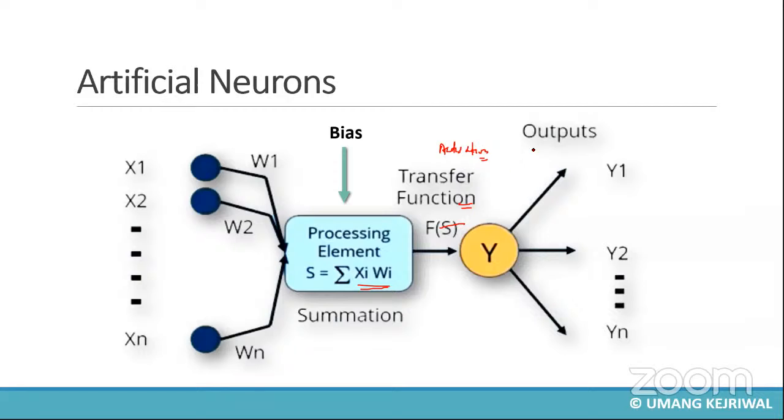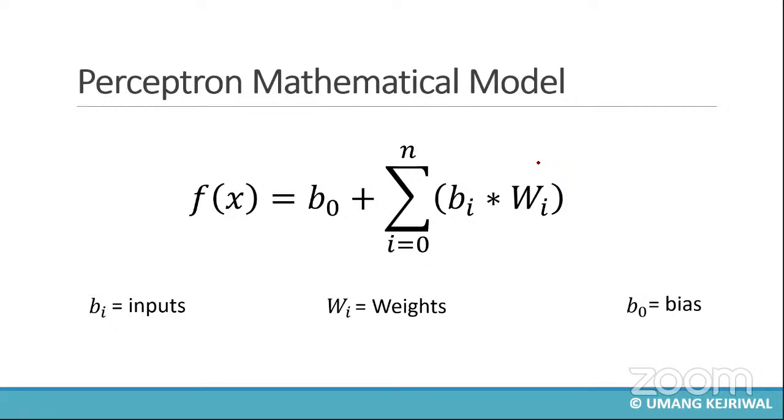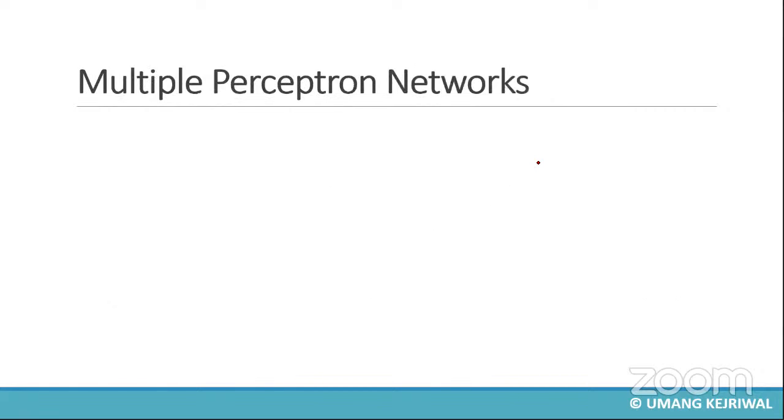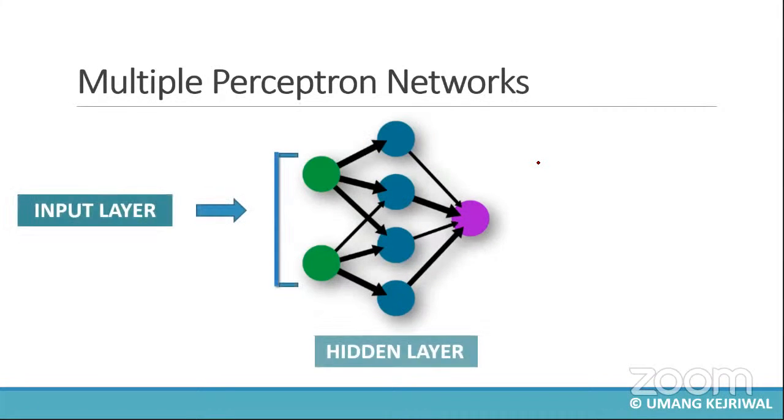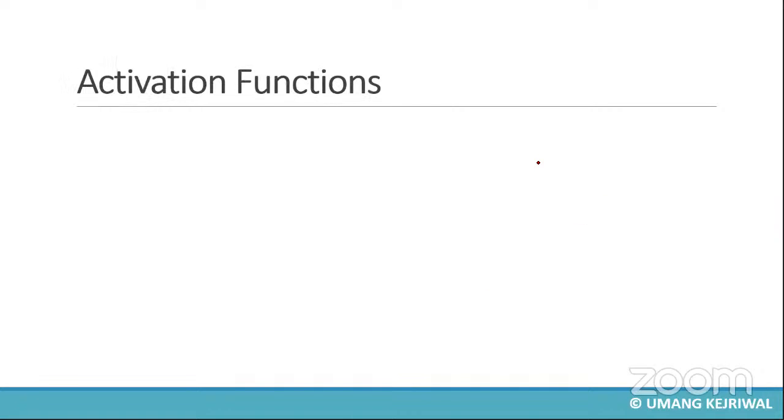After applying the activation function, we finally get the output. So that's a neuron. This is the mathematical model, the multiple perceptron network. Its main role is to calculate and decide the output.